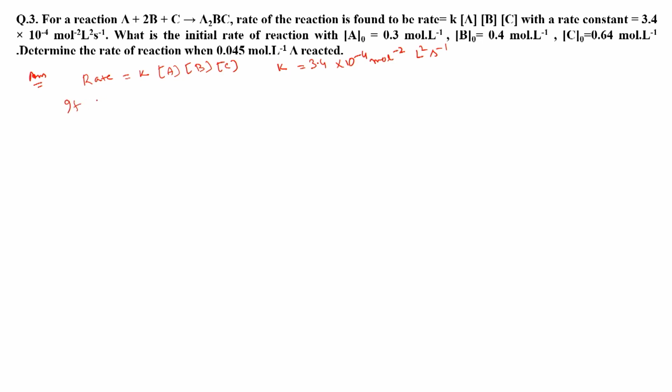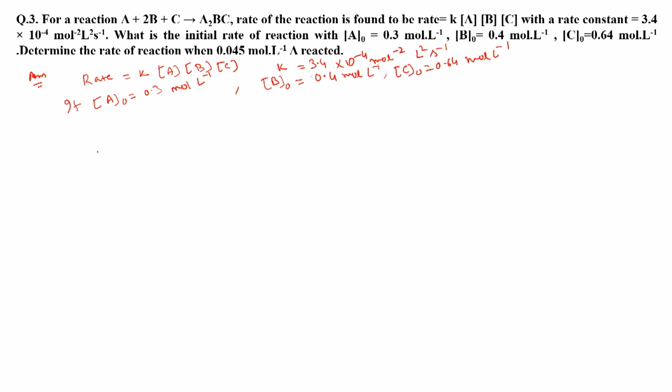If concentration of A naught is 0.3 moles per liter, and concentration of B naught is given 0.4 moles per liter, and concentration of C naught is also given 0.64 moles per liter.